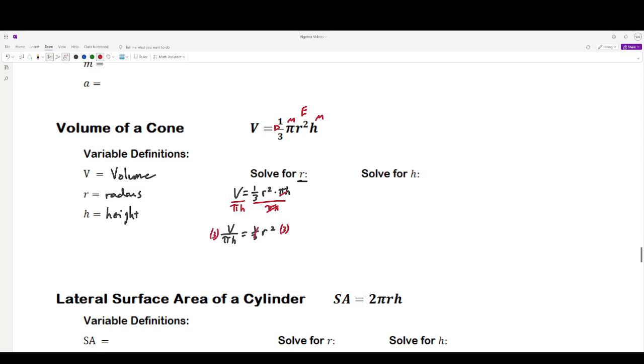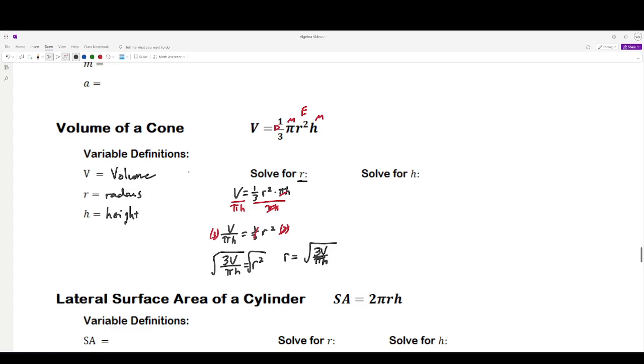And remember that 1/3 is the same as divide by 3. They mean the same thing. So now we have 3V over pi h is equal to r squared. And then as a final step, we need to square root both sides. So we'll square root both of those and get r equals the square root of 3V over pi h.